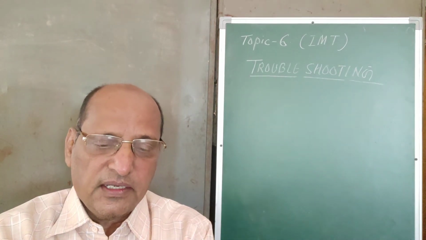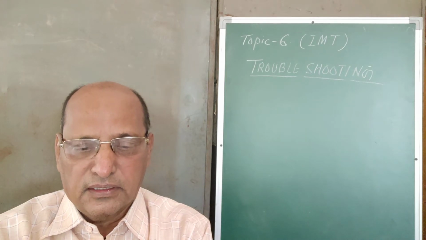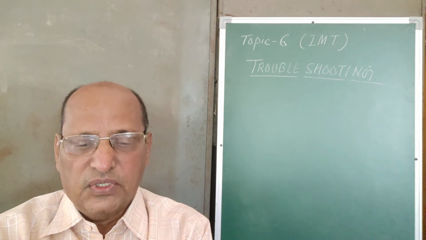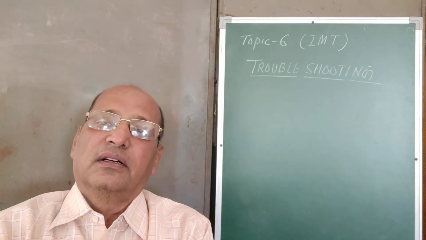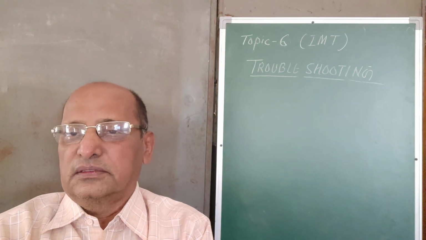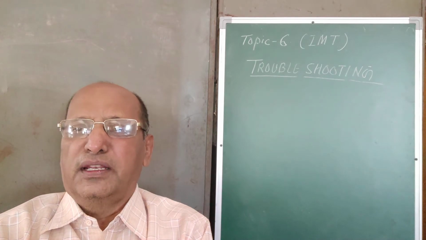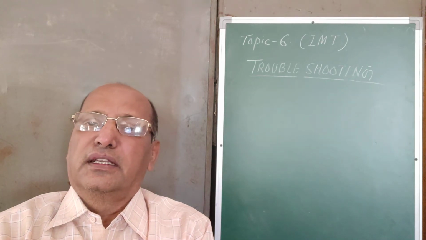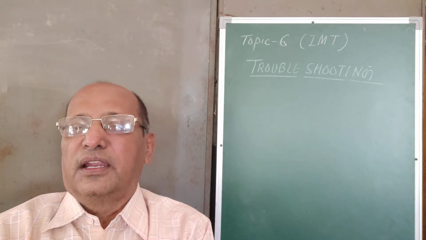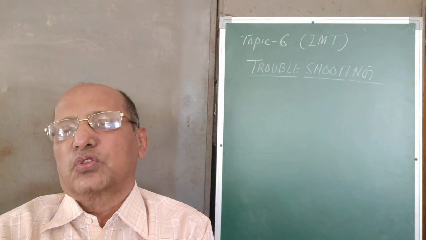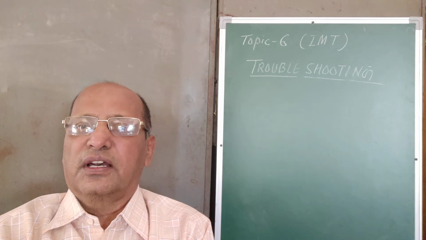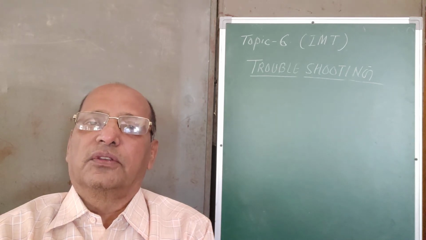These are the internal faults which can be examined with the help of certain equipment or instruments. They are mainly the Megger, series lamp and multimeter. So these are the three instruments normally used for checking the internal fault of the equipment.